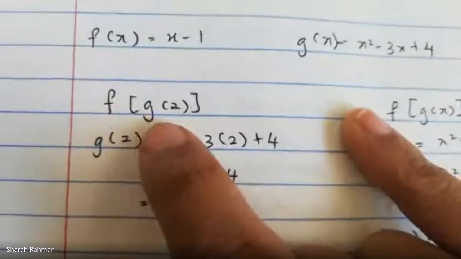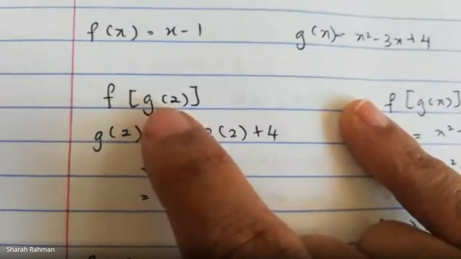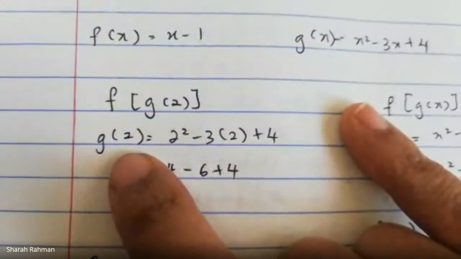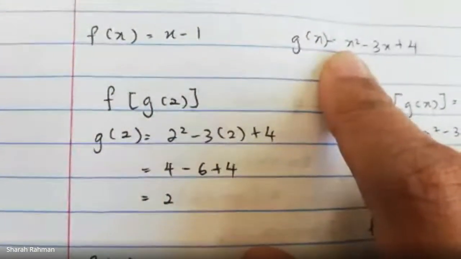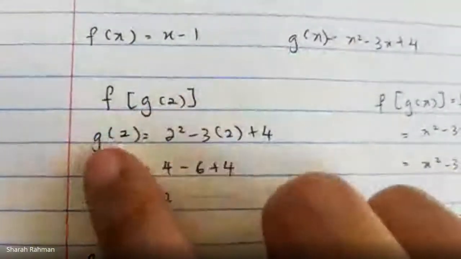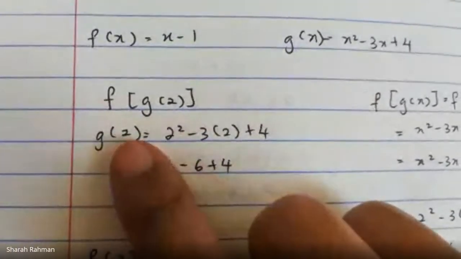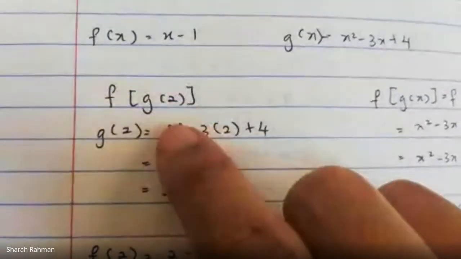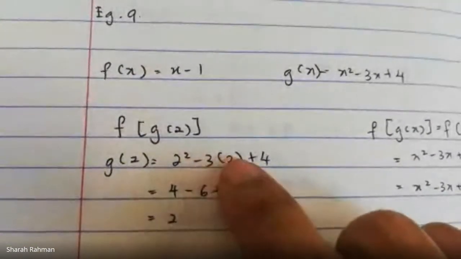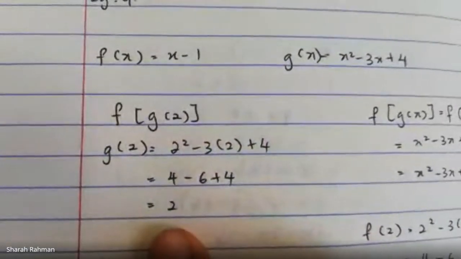So fg(2), this is g(2), so we find g(2) first. We use the function g(x) and substitute every x with 2. So we find the value for g(2): 2 squared minus 3 times 2 plus 4. Then we will get 2.